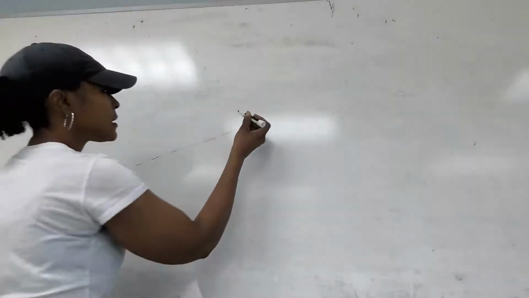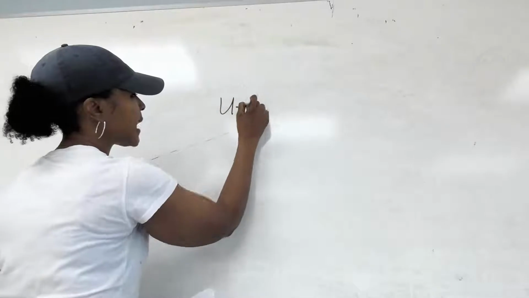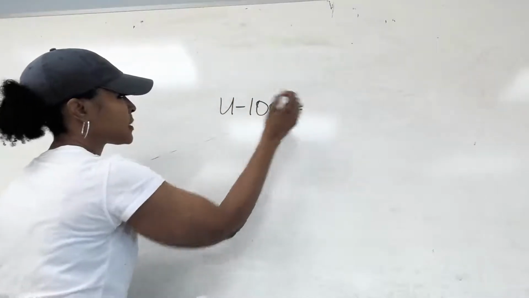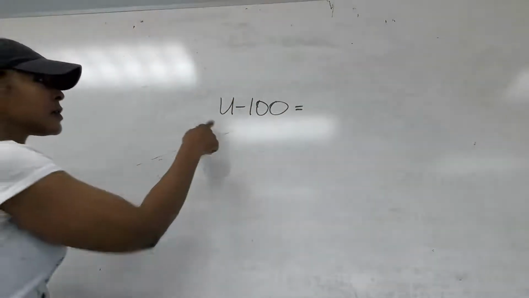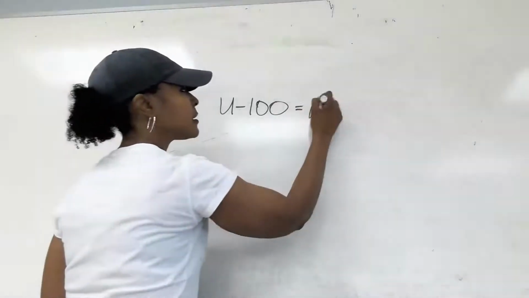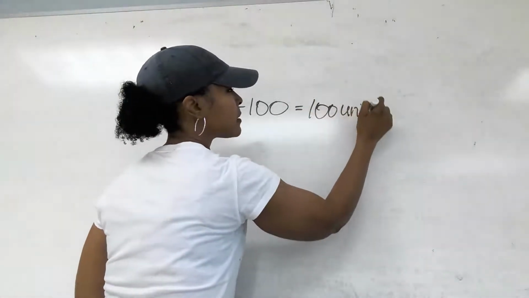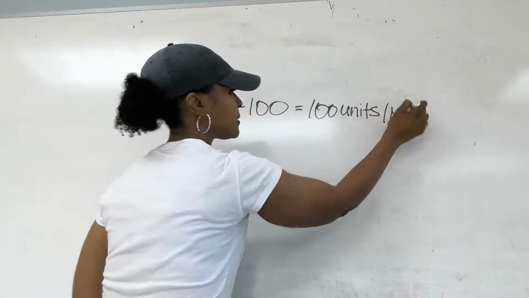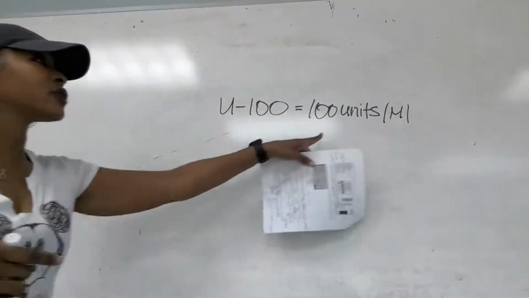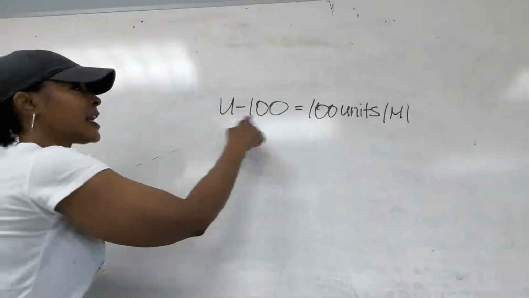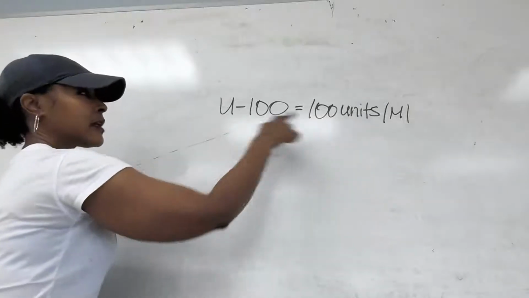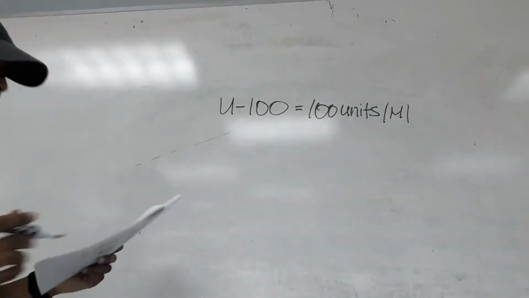You have to be able to identify your insulin, folks. What does U-100 represent? It's 100 units per milliliter. This is the concentration, or the dosage strength.